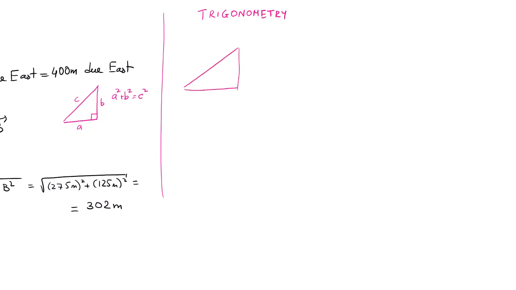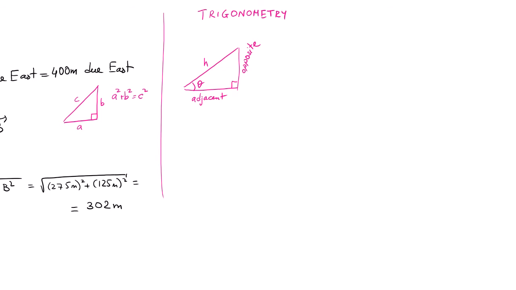Let's say you have a right triangle that has a hypotenuse h, and then we have an angle theta right here. The side that is attached, that makes the angle theta with the hypotenuse, we call adjacent side, and the side that is opposite to the angle, we're just going to call opposite.